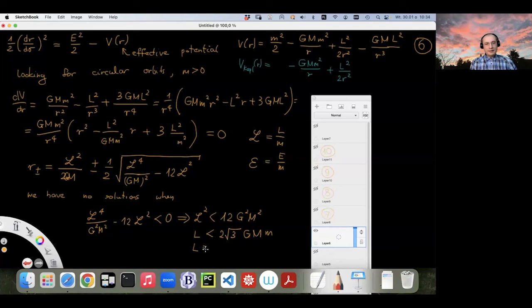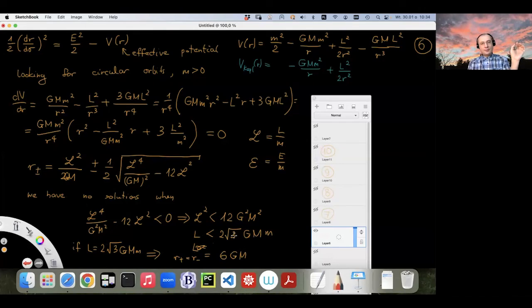If L is exactly equal to 2 square root of 3 GMm, then we have one solution. And if we plug this in here, it's easy to check that this is equal to 6GM.